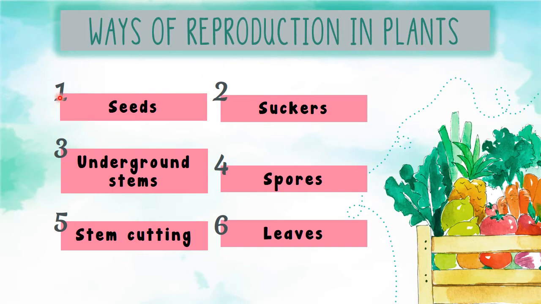We have 6 ways: seeds, suckers, underground stems, spores, stem cutting, and leaves. Remember kids, there are 6 ways on how plants reproduce: seeds, suckers, underground stems, spores, stem cutting, and leaves.